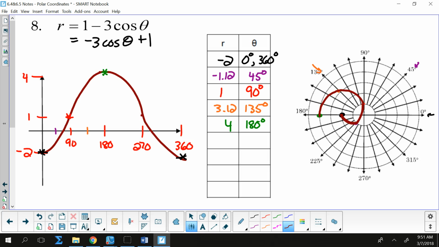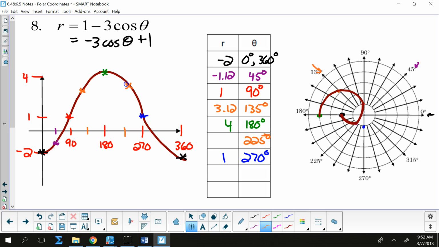Okay, doing good so far. Next easiest one, probably going to be 270, right? What's the value of my function at 270? 1. So at 270, I'm there. Okay, let's go halfway. I forgot to put these in there. So there's purple, and then there's that one. So halfway between 180 and 270 is 225.